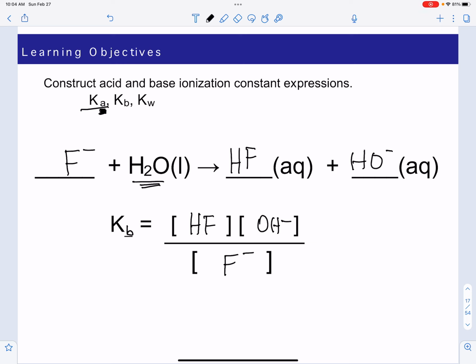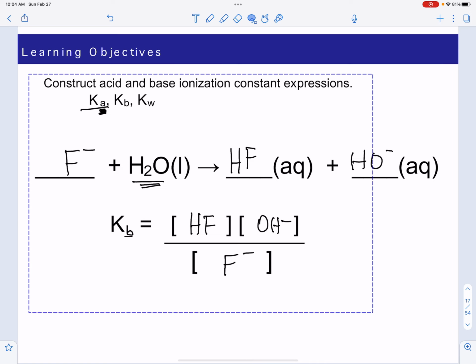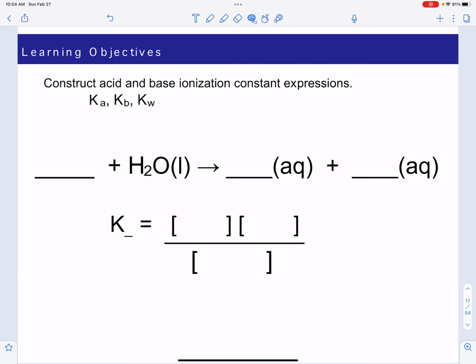And last but not least, Kw. Kw is just water reacting with water. Water is amphoteric, so one of them can behave like an acid, the other molecule of water can behave like a base. The one on the left loses the proton, so we end up with the conjugate base, and the other water gains the proton, so we end up with the conjugate acid.